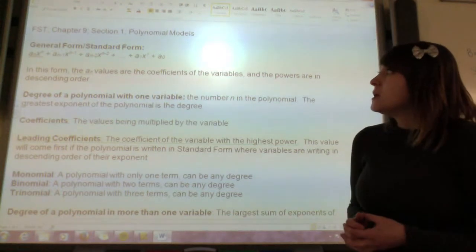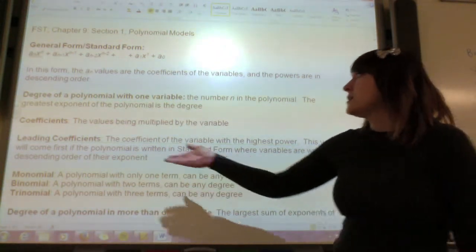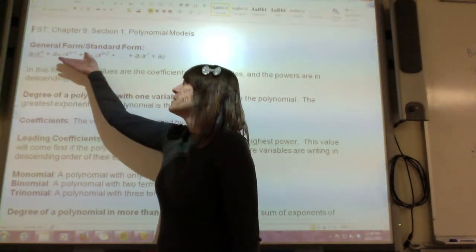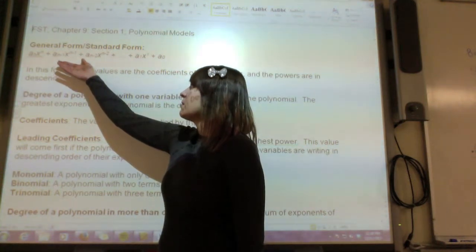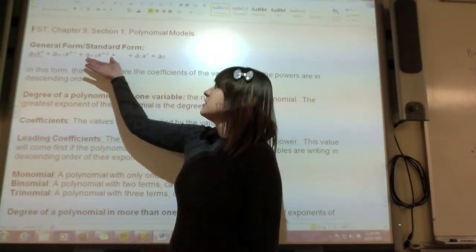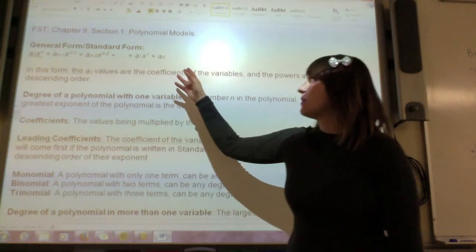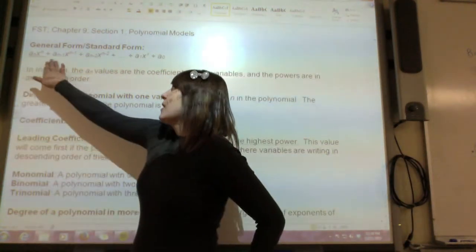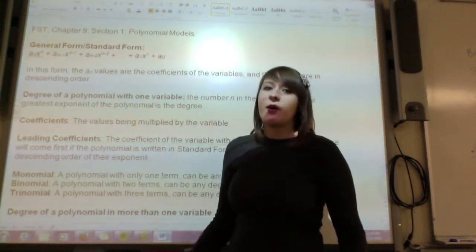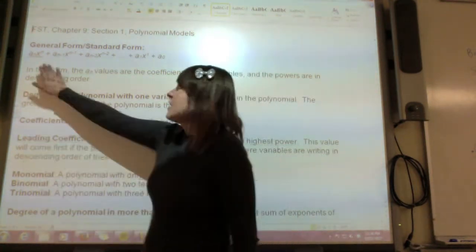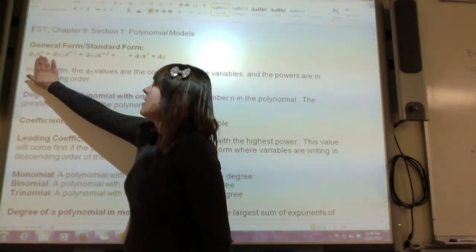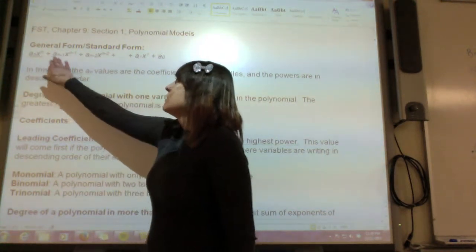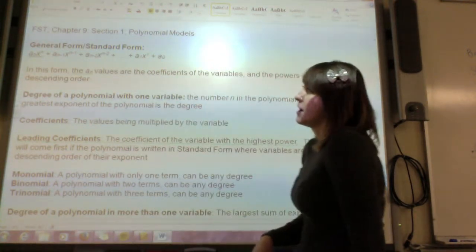So the general form is a sub n times x to the n plus a sub n minus 1 x to the n minus 1 plus a sub n minus 2 x to the n minus 2, etc., all the way down to a sub 0. So essentially, these a sub n values are just the coefficients of your terms, and for the x to the n values, notice that our n, or our exponent, is decreasing by 1 every time.